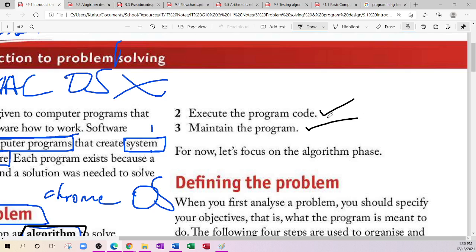Anybody want to make a guess what maintain the program means? Sir, like run tests to make sure that it's working properly as intended. Good, very good. To run some tests on it.